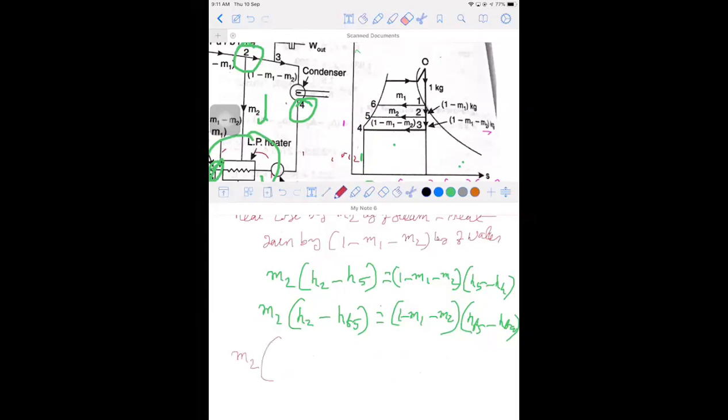M2 (H2 minus HF5) minus M2, once it comes to the left, becomes positive, so this will be plus M2 (HF5 minus HF4), is equal to 1 minus M1 into (HF5 minus HF4).